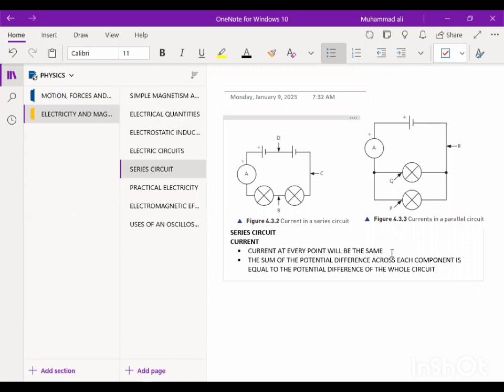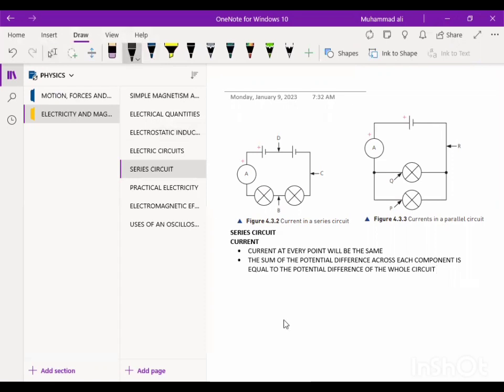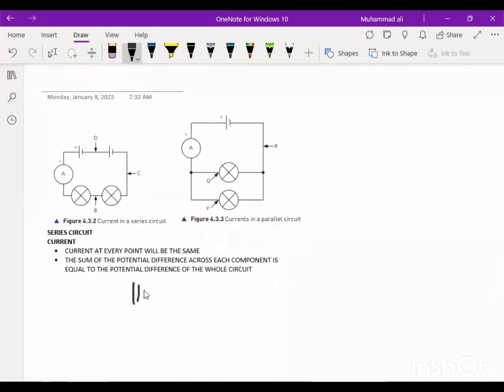Now, what exactly does that mean? Basically, we know that the potential difference across the whole circuit is equal to the sum of the potential difference across each component. If I take a circuit like this, I have a power source.